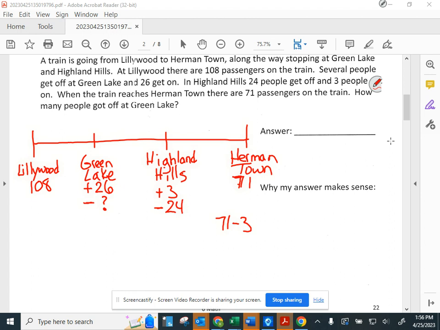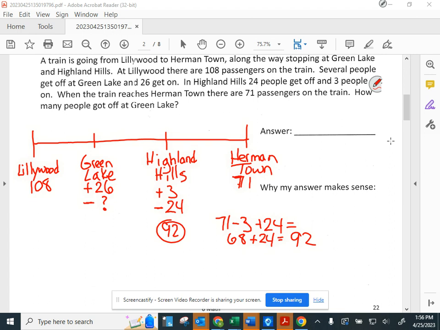And I have minus 24, so I'm going to add 24. So I can see when the train arrived at Highland Hills, how many passengers were on the train. So 71 minus 3 gives me 68, plus 24 gives me 92. So I know there were 92 passengers when it got to Highland Hills.